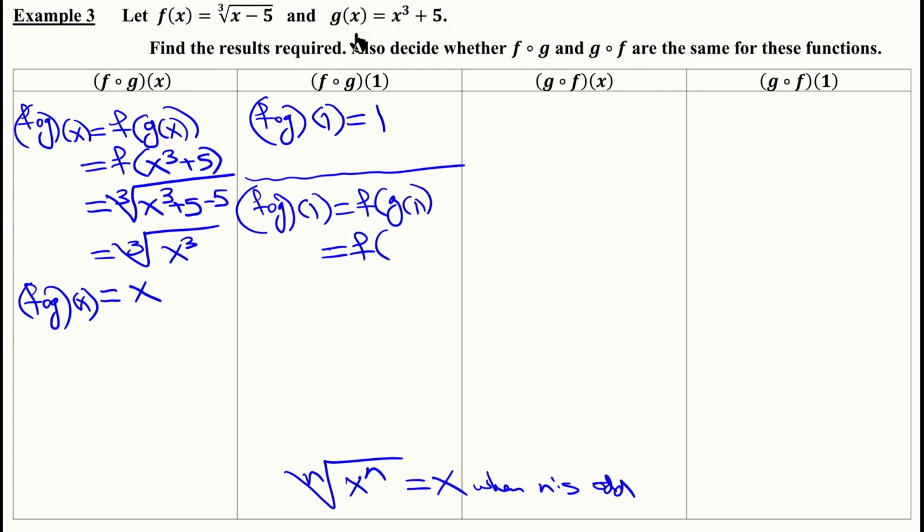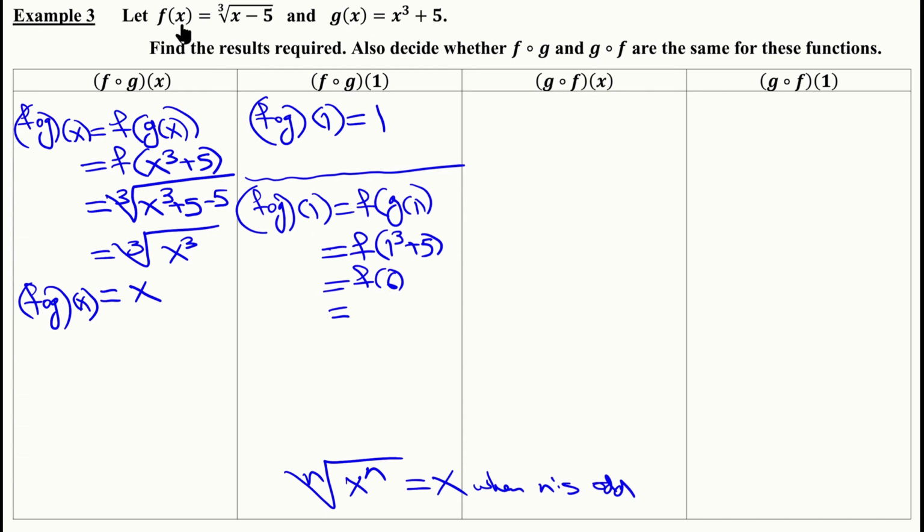So what is g of 1? Well, instead of x, put 1. So it's going to be 1 cubed plus 5. So we get f of 1 cubed plus 5. And we know 1 cubed is 1 plus 5 is 6. So we get f of 6. So now we have to go to the definition of f, and instead of x, replace it with 6.